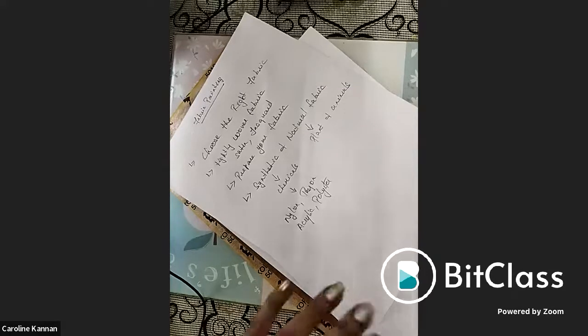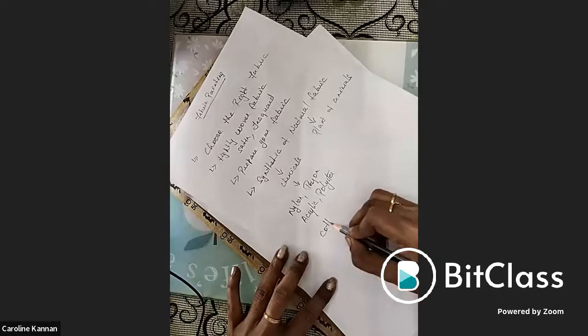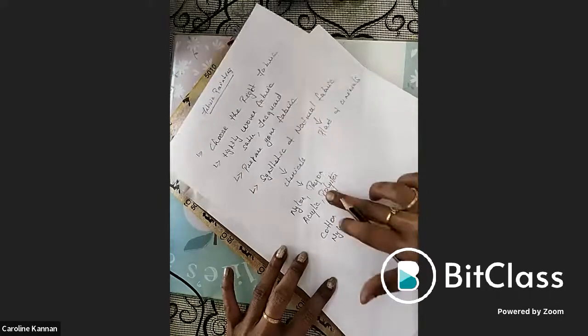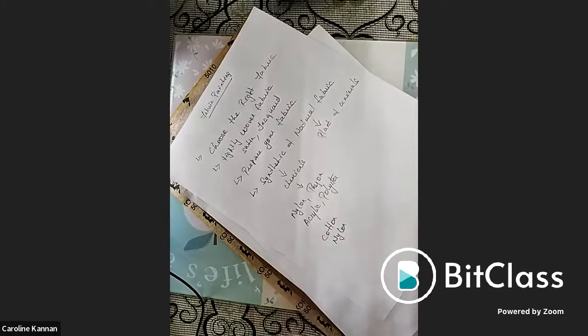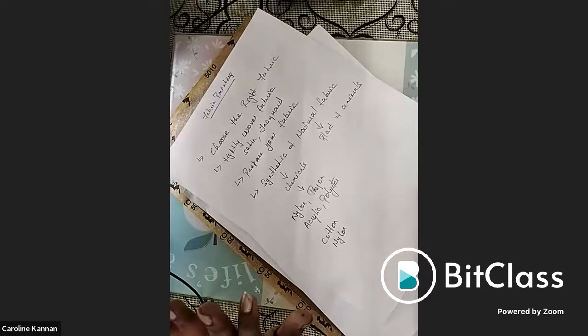Further into it, I will tell you what all materials you can use in some time. You can use cotton fabric, you can use nylon fabric, you can use rayon. All the fabrics I've mentioned here, you can use. But to start with, as a beginner, it is always better to start with cotton.